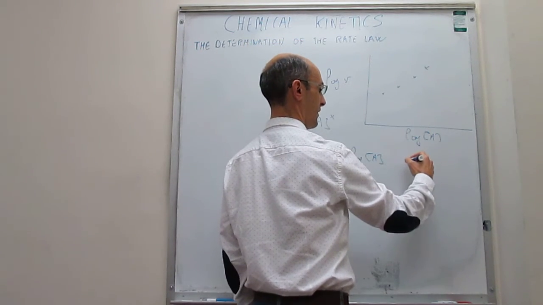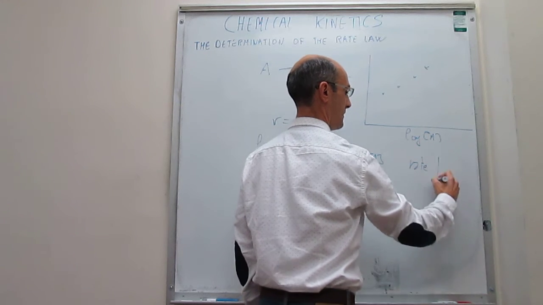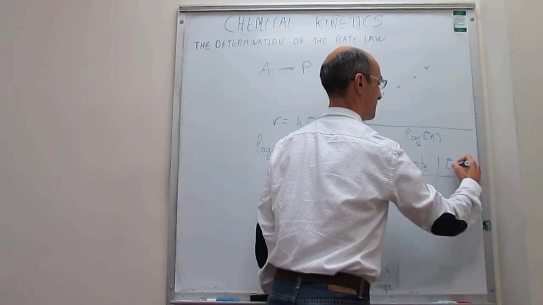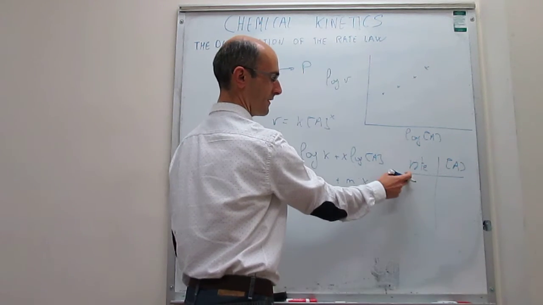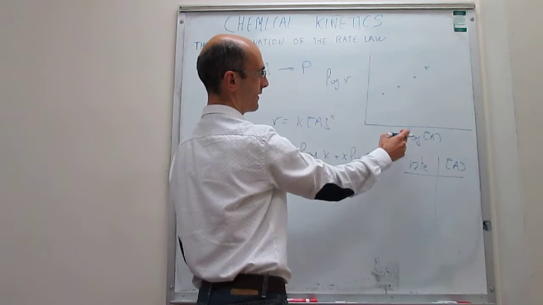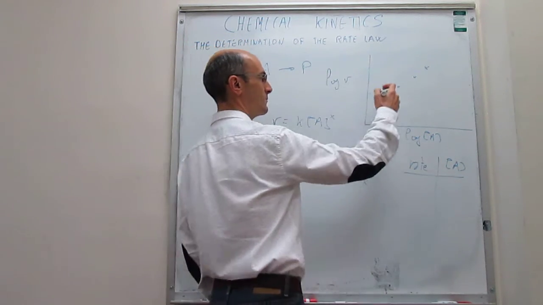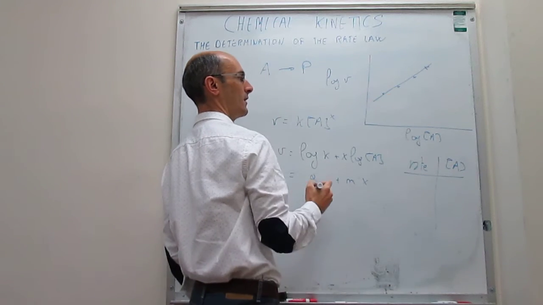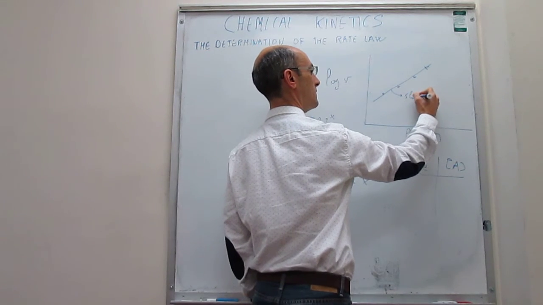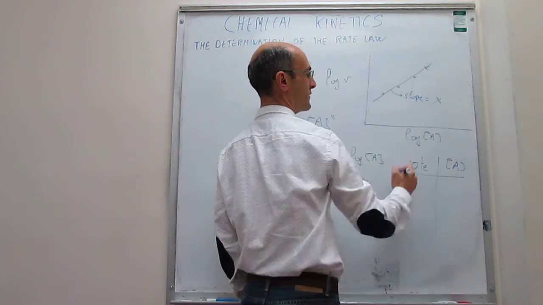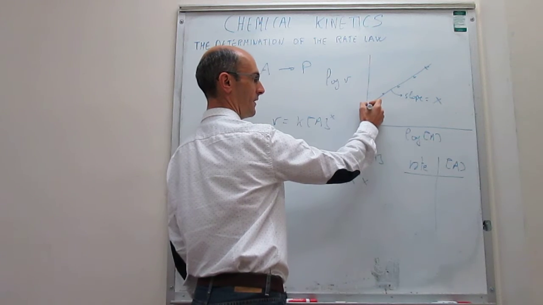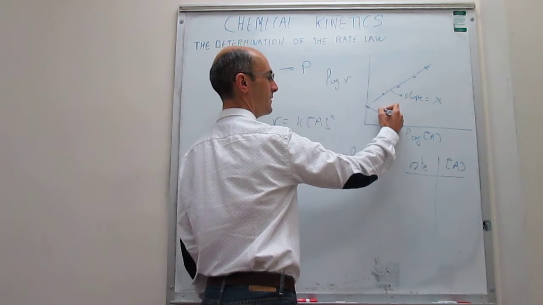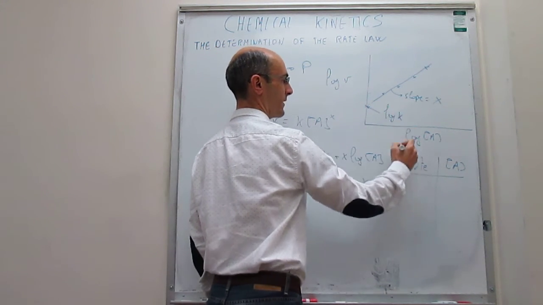Again, you will be measuring the rate as a function of the concentration of reagent, and then taking the base 10 logarithm of each and plotting them like this. Okay, so suppose that you get a straight line. Then the slope is directly the reaction order that you're looking for. And also interestingly, that intercept is the base 10 logarithm of the rate constant.